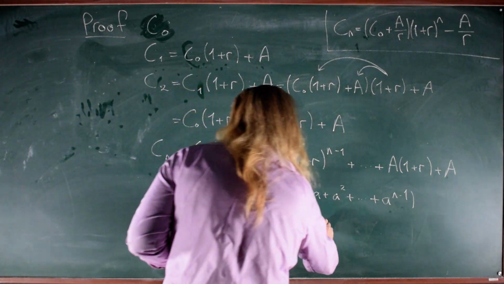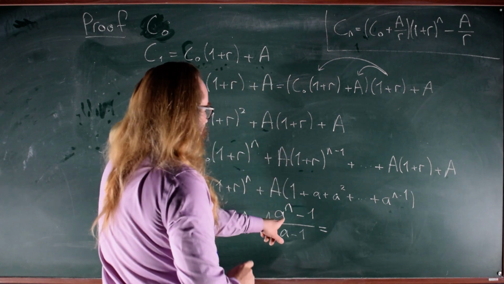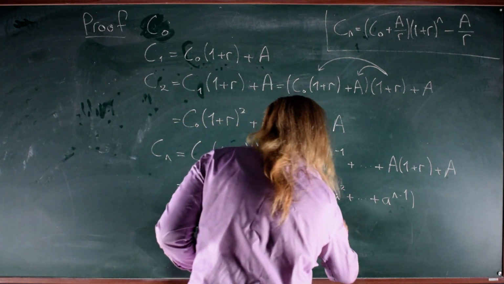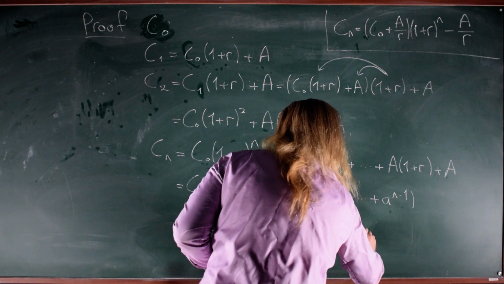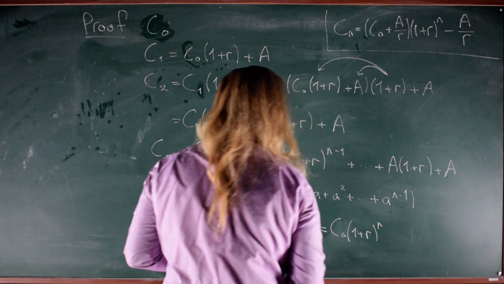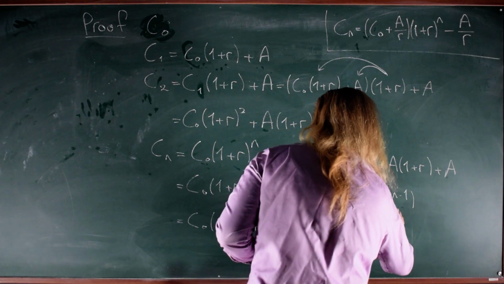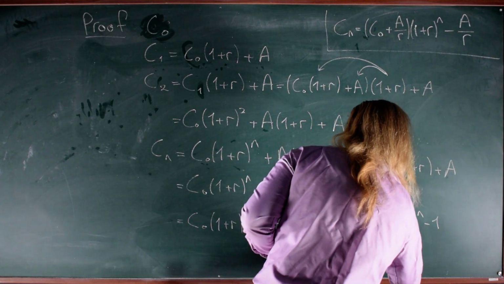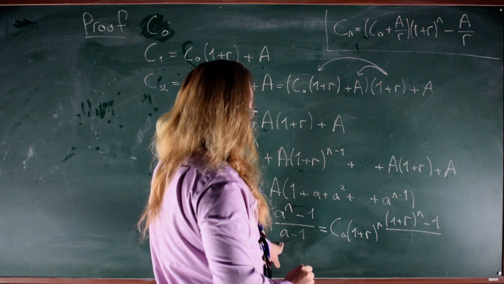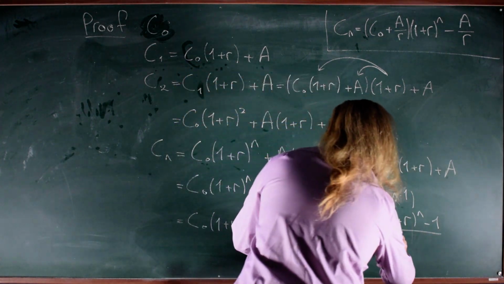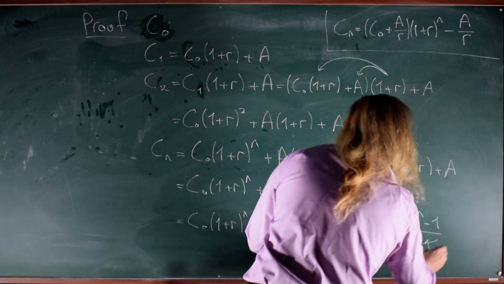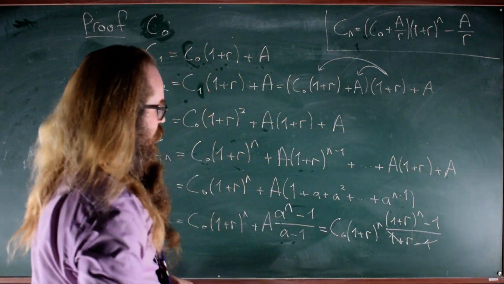But what this actually is, if I put 1 plus R back in instead of A, this is the same as C0, 1 plus R to the power of n, and then we have 1 plus R to the power of n minus 1 divided by 1 plus R minus 1, so these ones just cancel, and we just have that nice little numerator there.